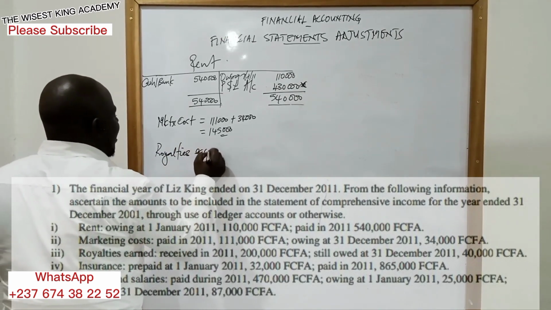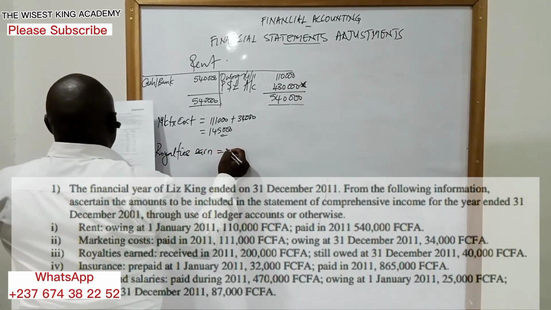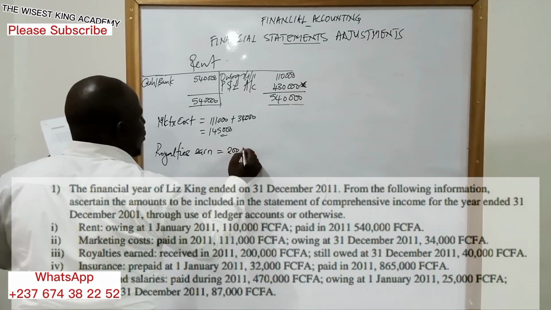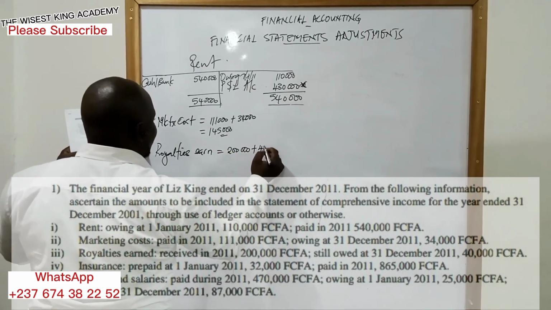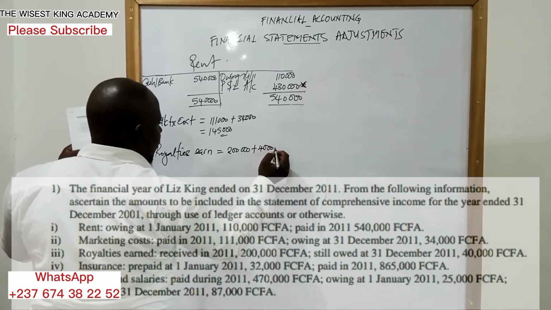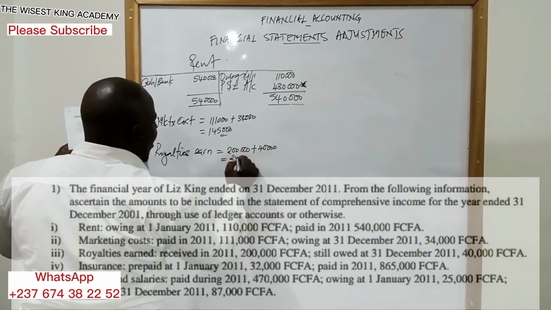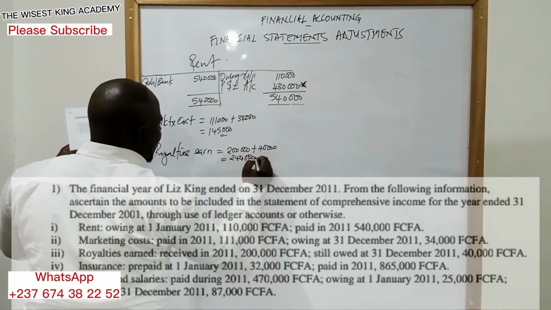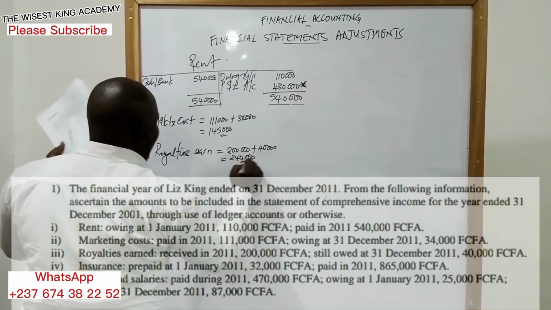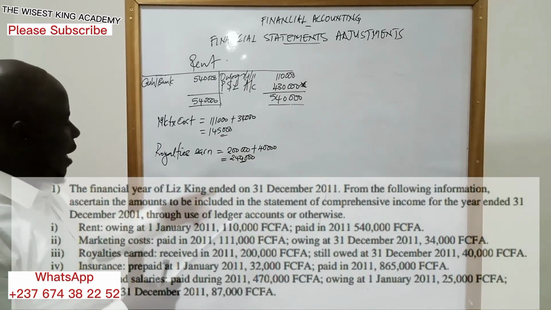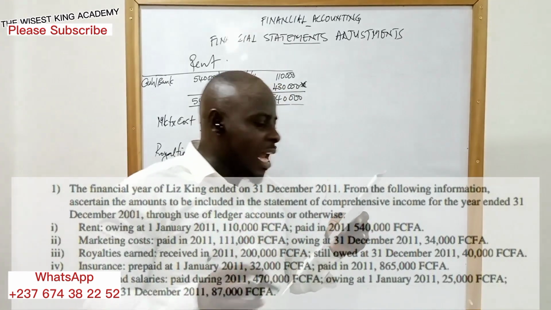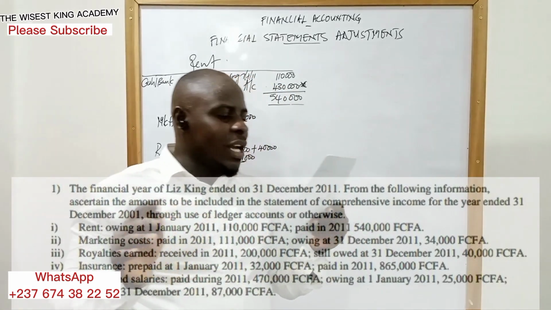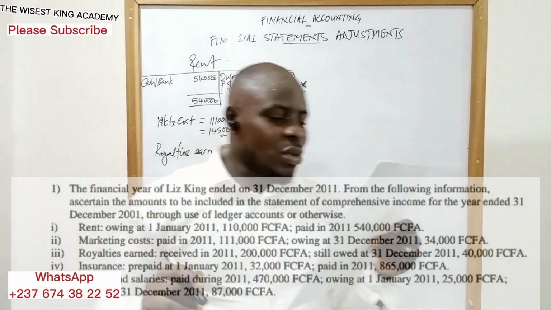So the money we received was 200,000, but they were still owing us 40,000. So the total royalty for the period to be recognized in the income statement is 240,000.